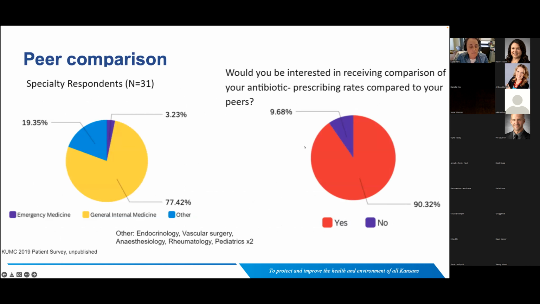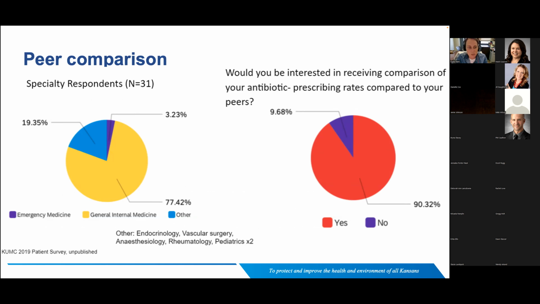So another really effective way to report back information is when you compare the antibiotic use for peers, comparing prescribing by providers. I know a lot of pushback has happened at our facility, all facilities, is that providers don't want to be compared. They don't want to hear that they're not doing good, or they don't want to be shamed.